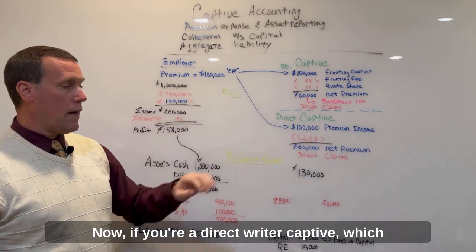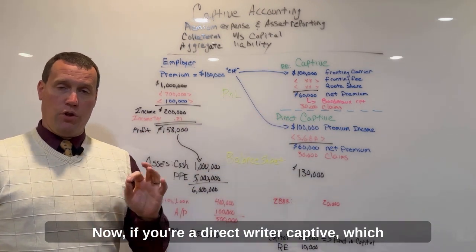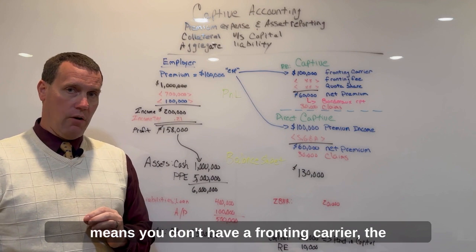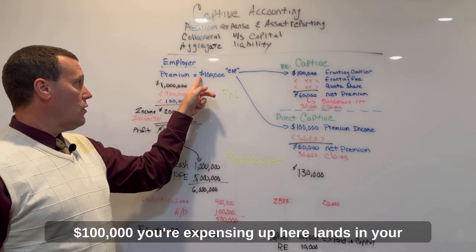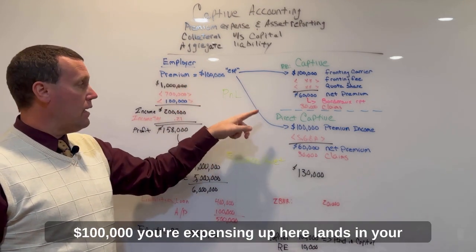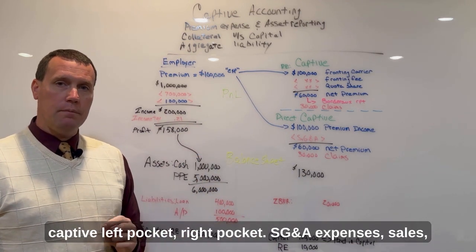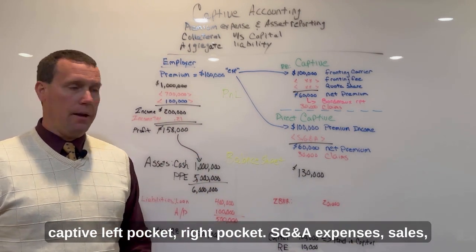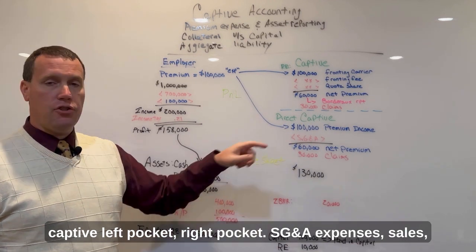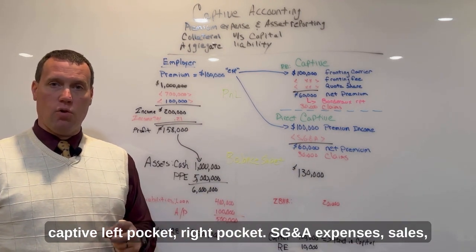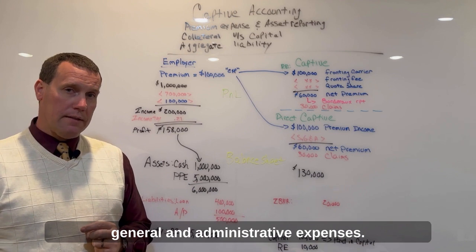Now, if you're a direct writer captive, which means you don't have a fronting carrier, the $100,000 you're expensing up here lands in your captive. Left pocket, right pocket. SG&A expenses, sales, general, and administrative expenses.